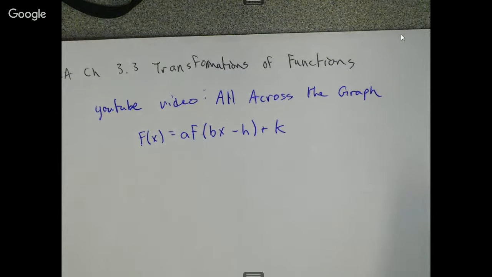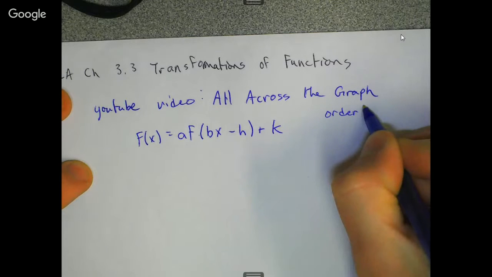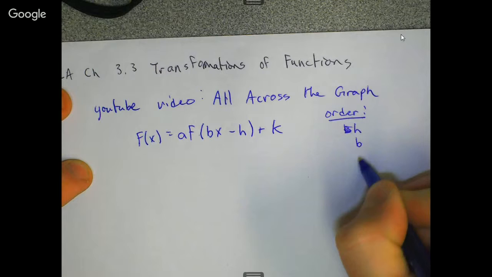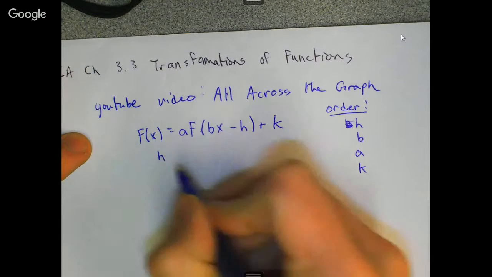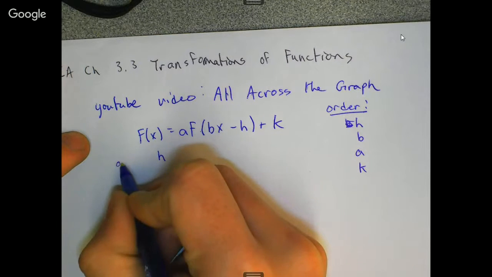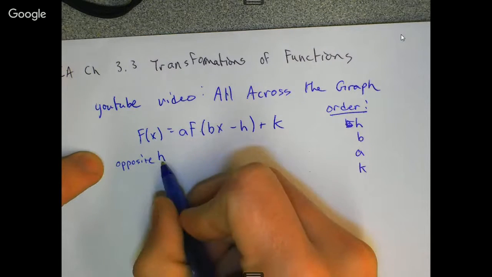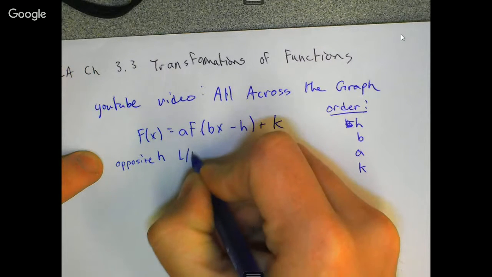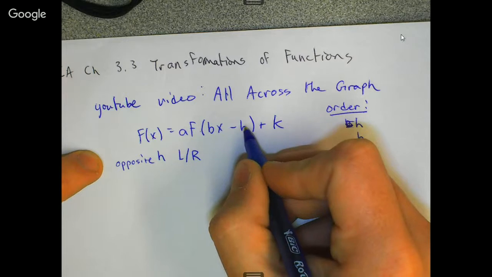In this we do it in a certain order, and our order is H, B, A, K. So the H in this equation, we'll say opposite. The opposite of H goes left and right. So this is a horizontal shift left and right.